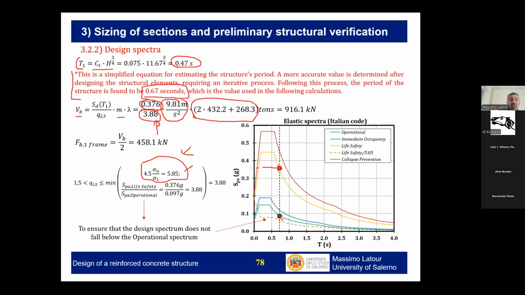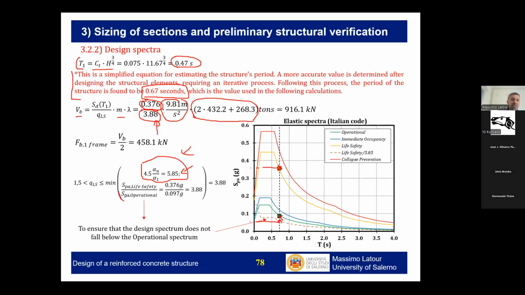The behavior factor cannot be so large because if I take the yellow spectrum and divide by 5.85, which you see here with this dashed line, this spectrum will fall below the operational limit state spectrum. So it is not possible that the structure is already damaged at the operational limit spectrum. I cannot design the structure for such a low resistance, limited to this value of the spectral acceleration.